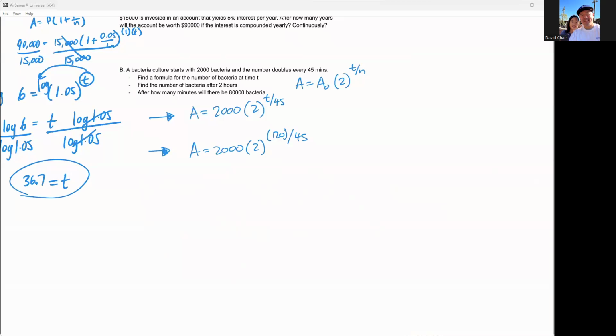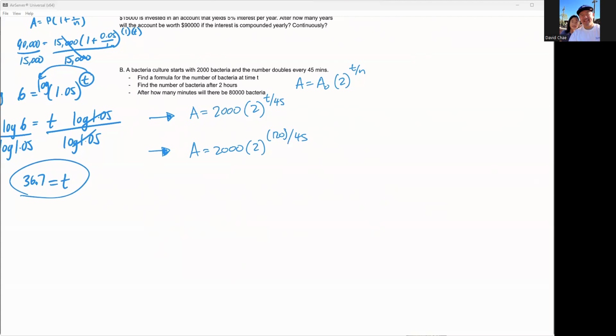I've seen so many students do this, and I don't want you guys to retake a test just for this. Get your attention, Tyler and Ashlyn. Do not multiply 2000 by 2 first. Make sure you get the power, 2 to the 120 over 45 power, first, and then multiply it by 2000. It's really tricky.